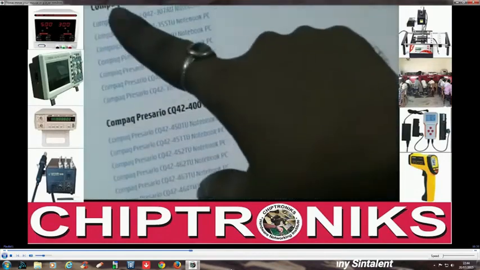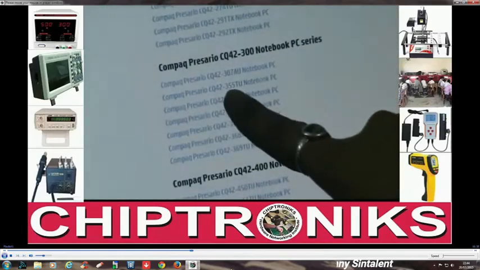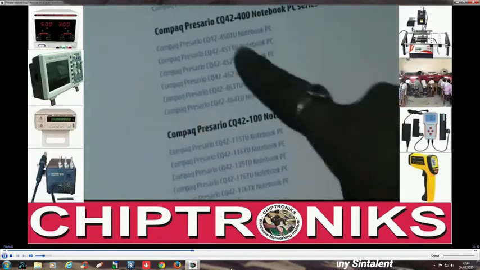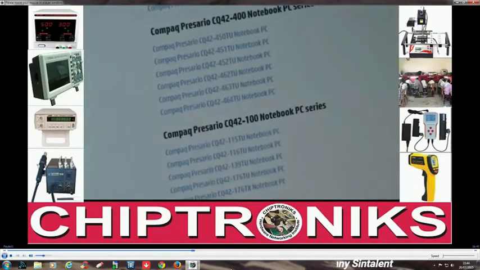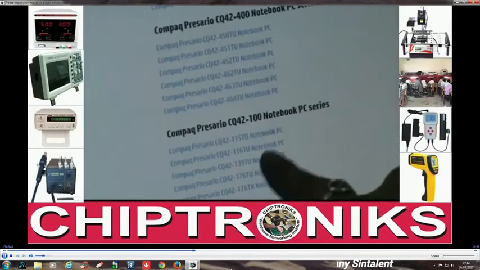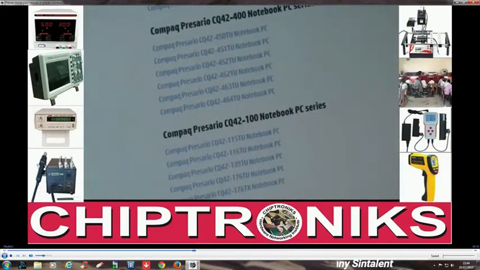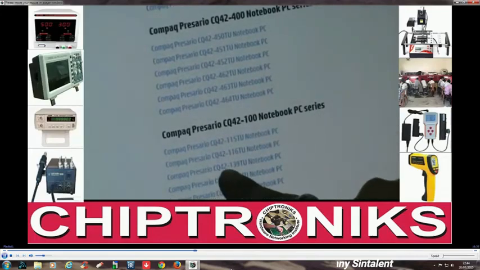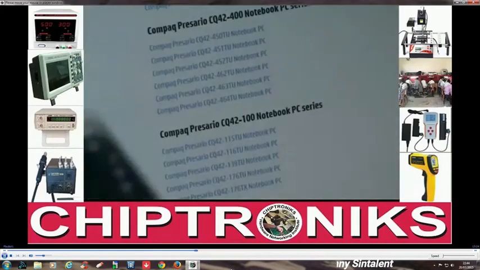Here also you see the CQ42 300 series, 307, 355, 356 TU, and the CQ42 400 series, CQ42 100 series. Yes, here our motherboard is in the 100 series. Now here Compaq Presario CQ42 116TU. This model is this motherboard.